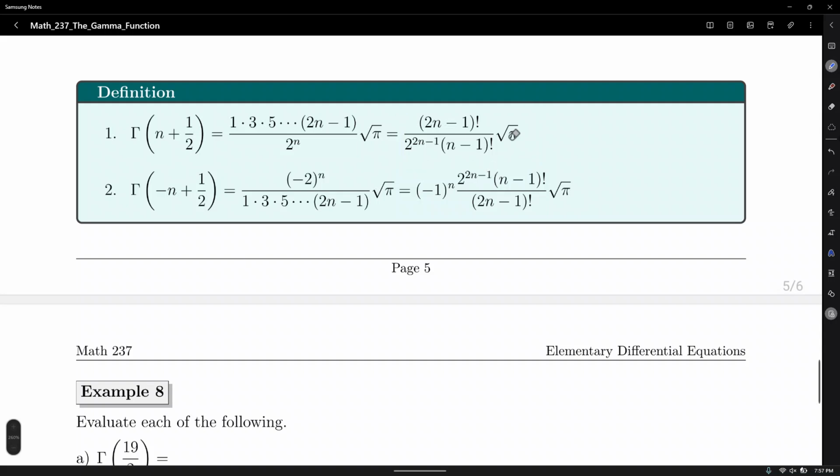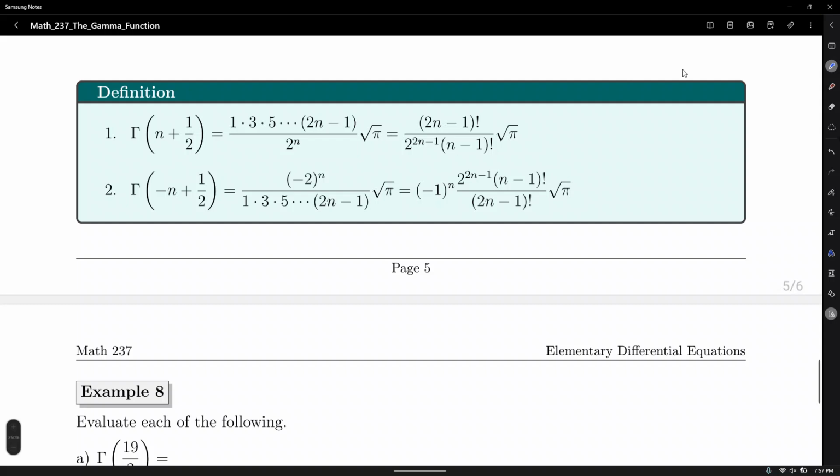In a similar way we have one for negative n plus a half, which is flipped upside down, but there's a negative 2 raised to the n as opposed to the 2 to the n in the previous example. I'm going to show you how we get these results later.